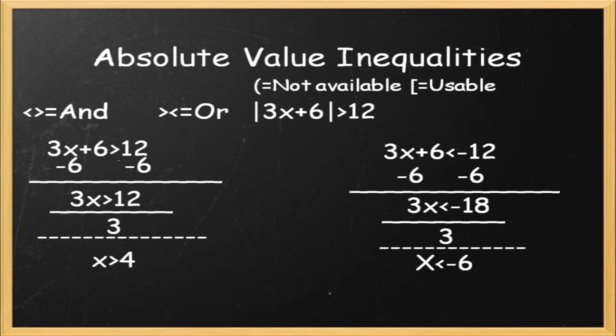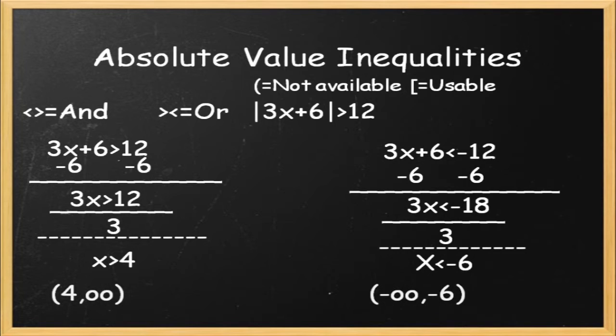For interval notation, a paren is used for a number you cannot use, like infinity, or when there is no equal sign under the inequality sign. And a bracket means it is a usable number, and that can only be used when it's less than or equal to, or greater than or equal to.